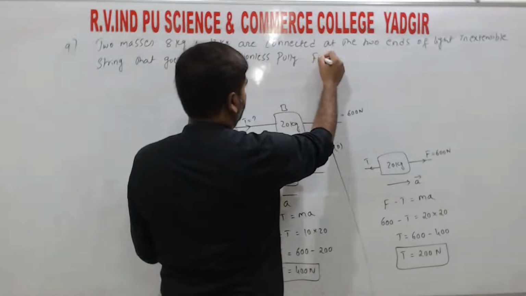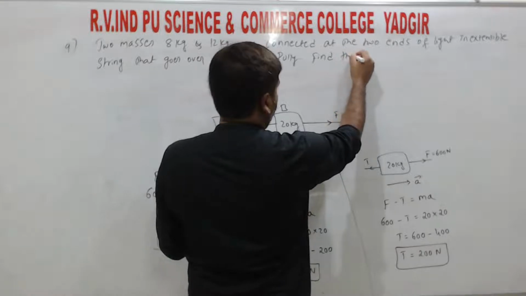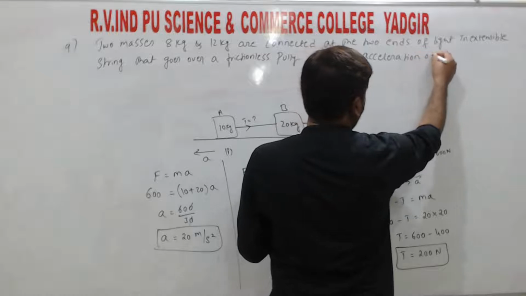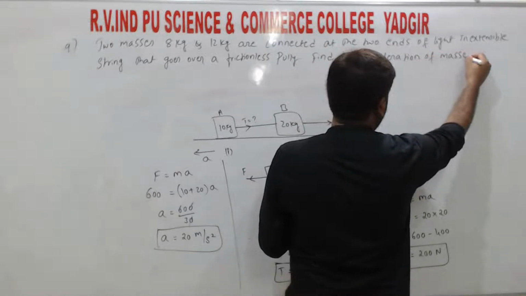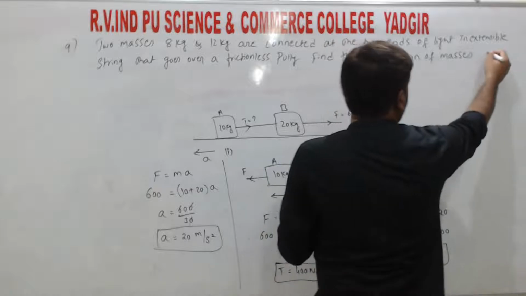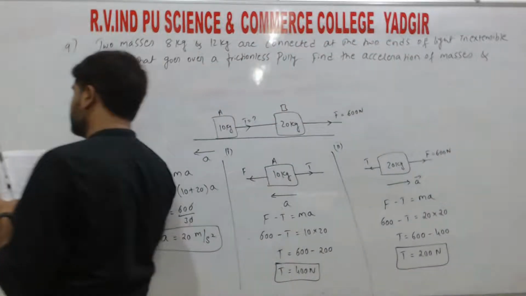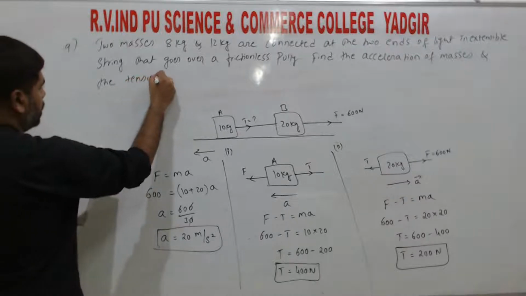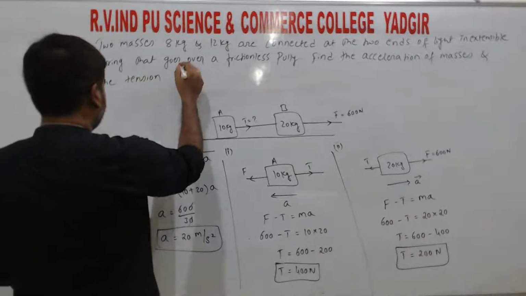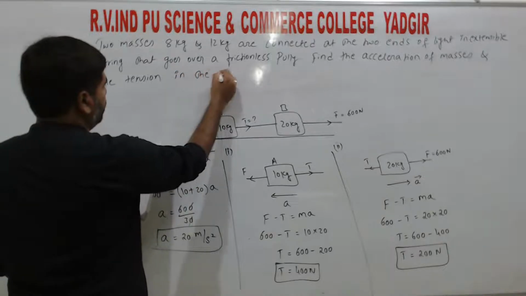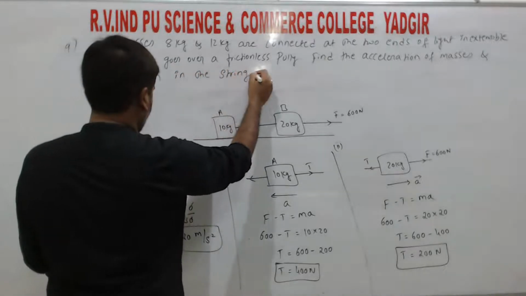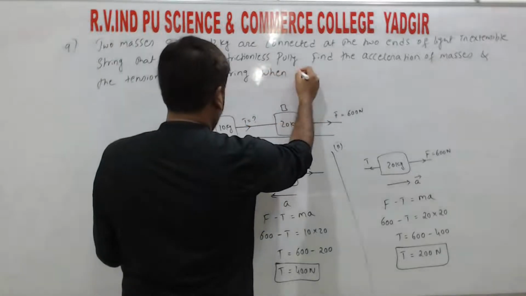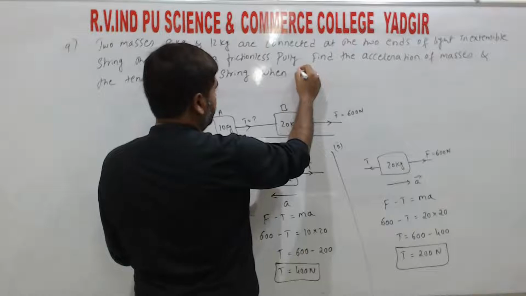Find the acceleration of the two masses and the tension in the string when the masses are released.